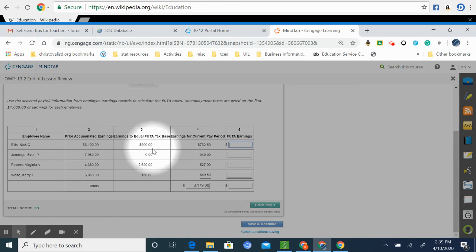Now, you are always going to go with the smaller of these two columns. Column 5 is which number is the smallest. Which number is smaller, 900 or 762.50? Which number is smaller, 1,000 or 0? Which number is smaller, 2,620 or 527?